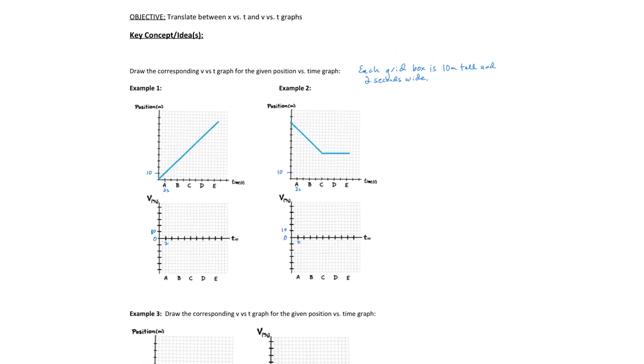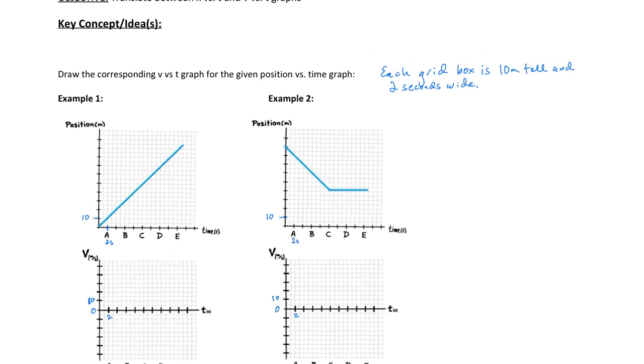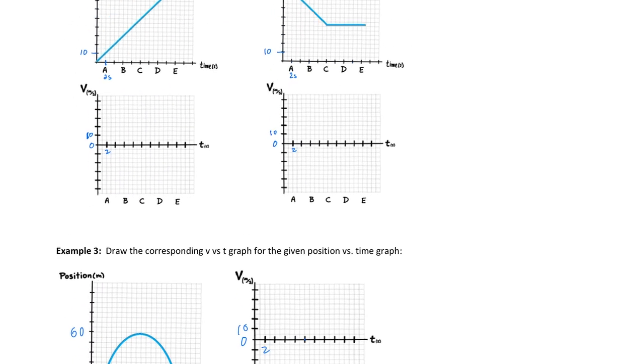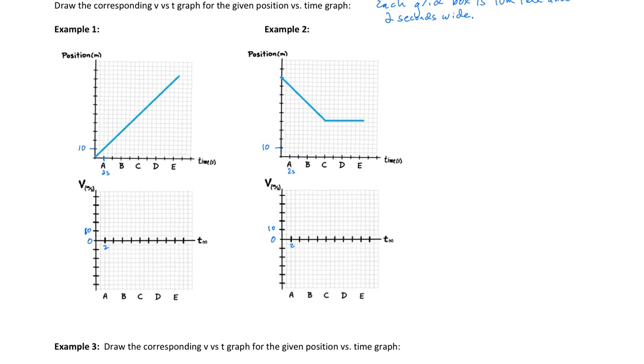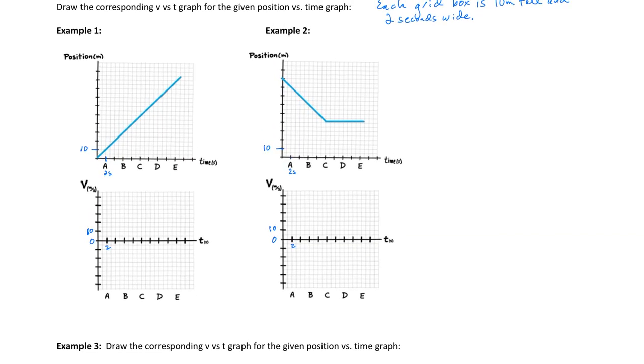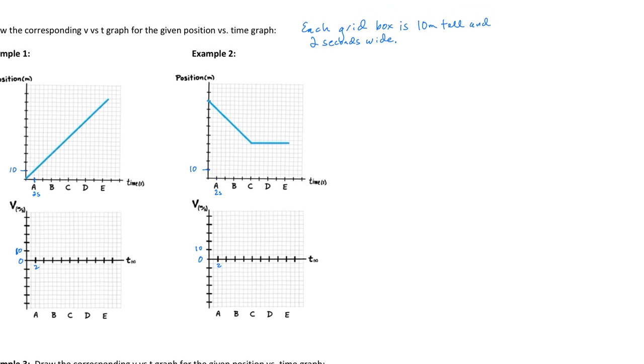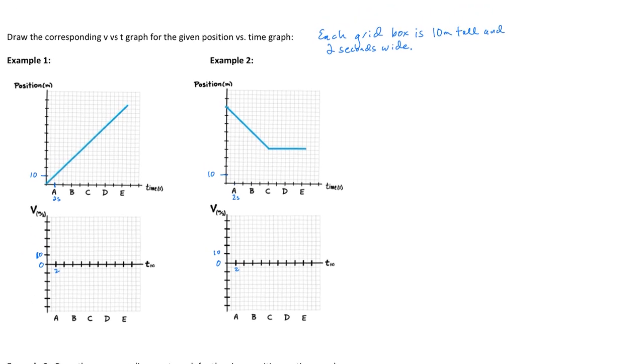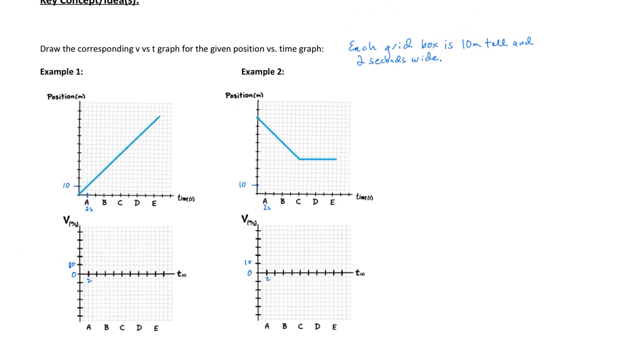Okay, draw the corresponding V versus T. Okay, don't give me any. Each big box is 10 meters tall and 2 seconds wide. Great.